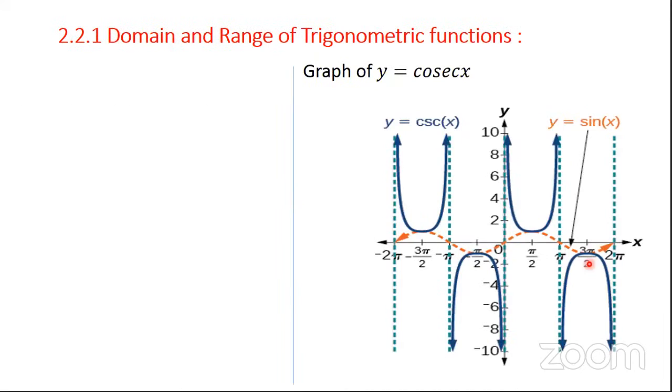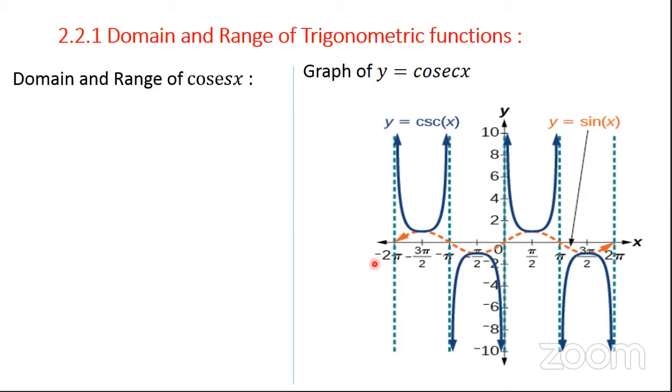Cosec x means 1 upon sin x. So here we have taken the graph of both sin x and cosec x in the same diagram, just to understand the domain and range of cosec x.